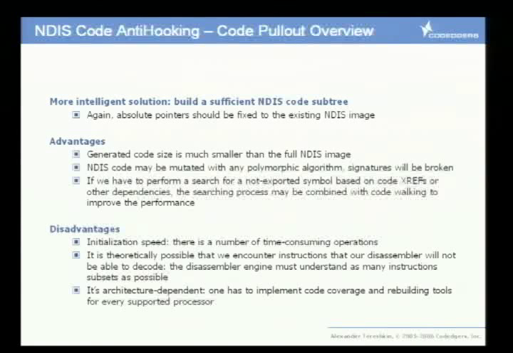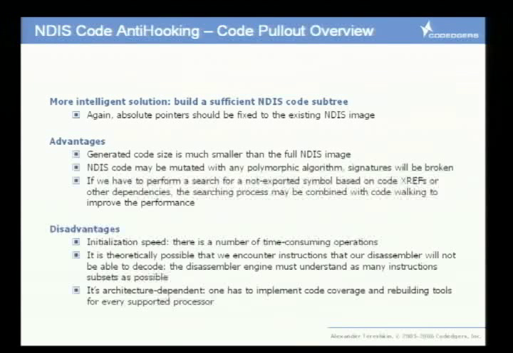And now the code pullout engine. It's the more intelligent solution. The idea is to build a sufficient NDIS code subtree. We should fix all absolute pointers to the existing NDIS image as it was done in the previous solutions.